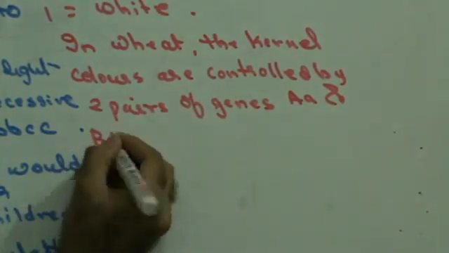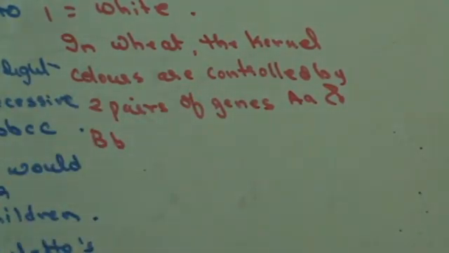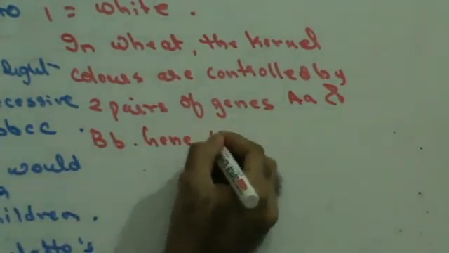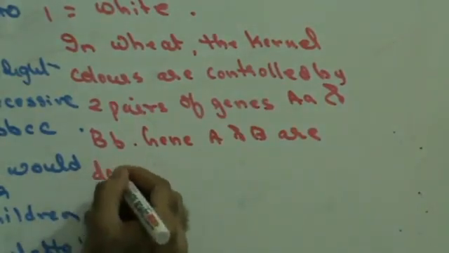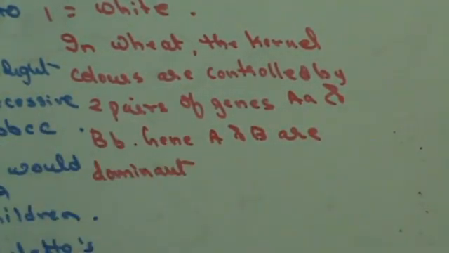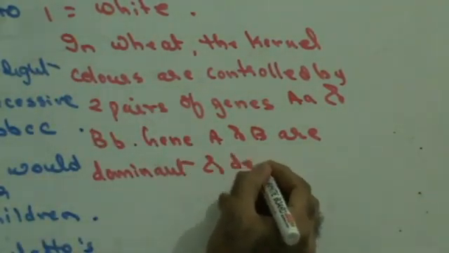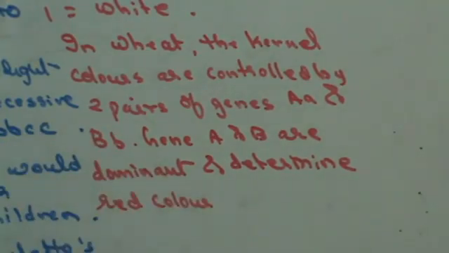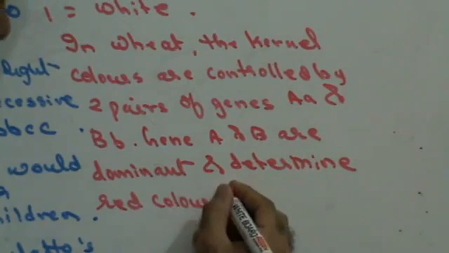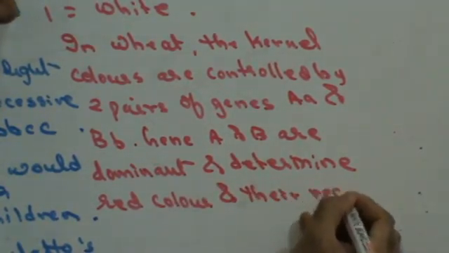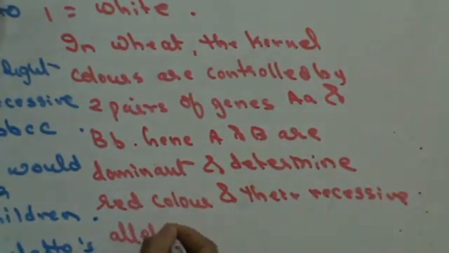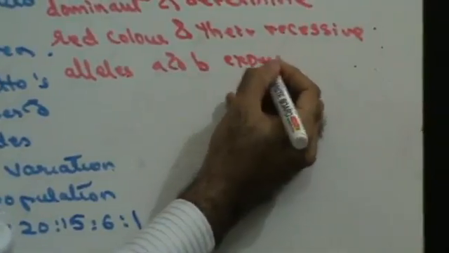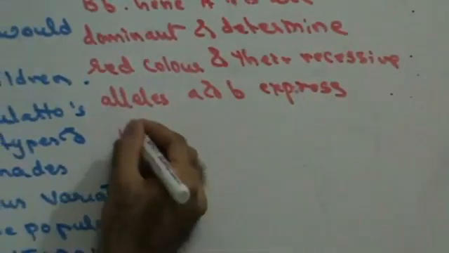Genes A and B are dominant and determine red color, and their recessive alleles, a and b, determine white color.